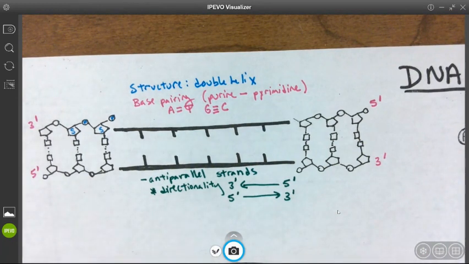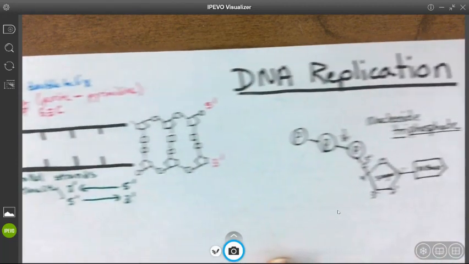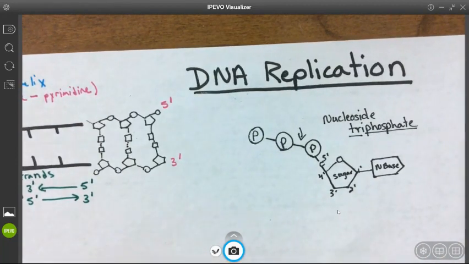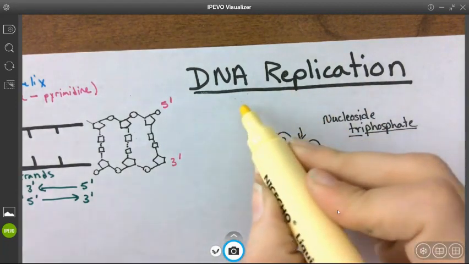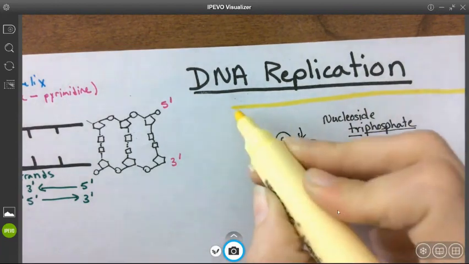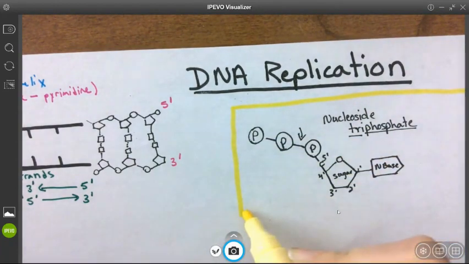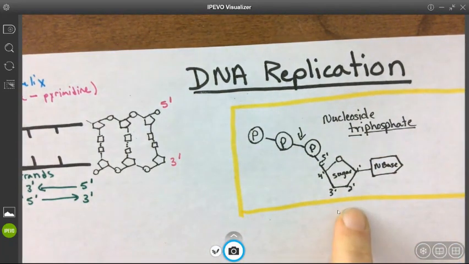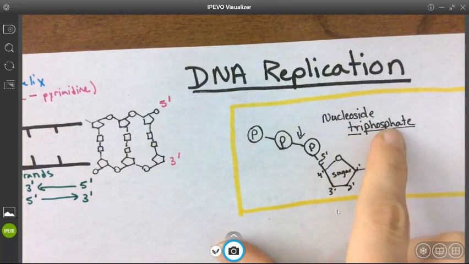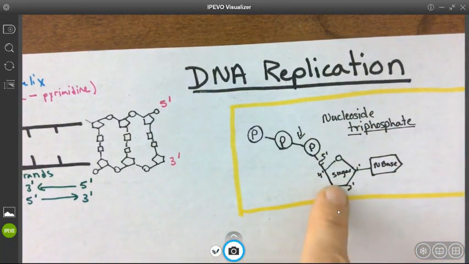Now, how does a cell power DNA replication? If you recall, when we were talking about ATP, we talked about how ATP is a modified nucleotide. That's going to come up again in this unit. Because if we look at this nucleotide, this is called a nucleoside triphosphate. It's very similar to the structure of ATP, right?